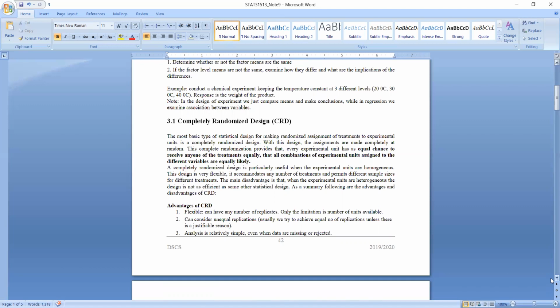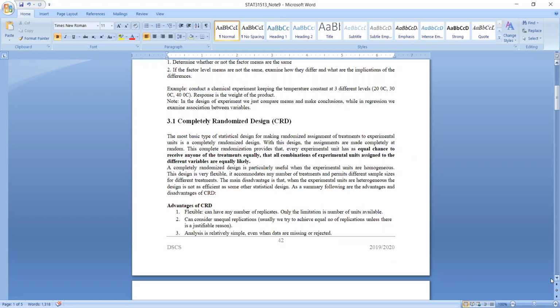That is, for example, let's say you have 10 tomato plants and you have 2 fertilizers, fertilizer 1 and fertilizer 2. And we are going to assign fertilizer 1 to 5 tomato plants and fertilizer 2 to another 5 tomato plants.